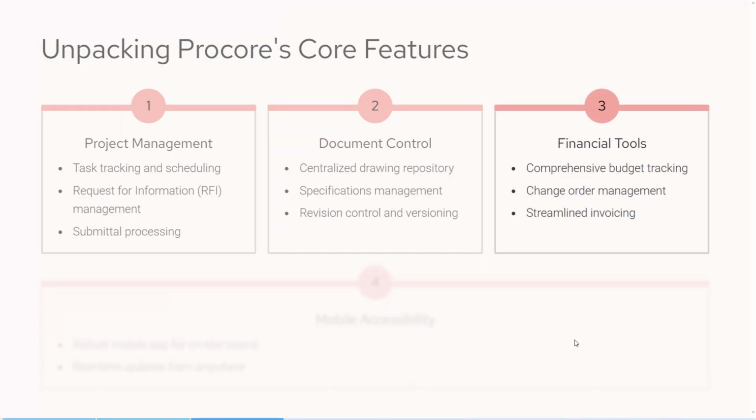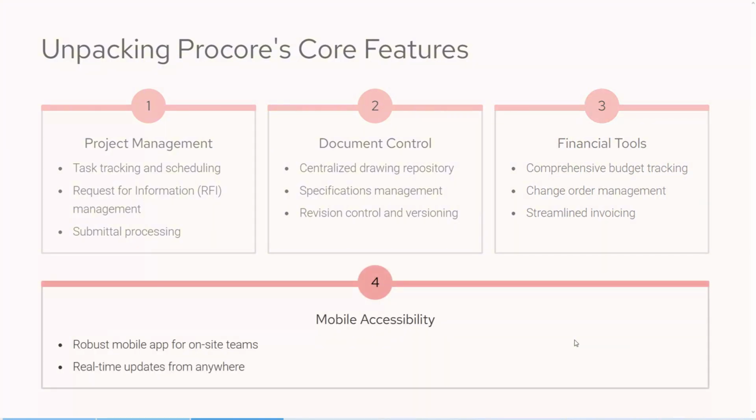For the financial tools, it has a comprehensive budget tracking, you can change the order management, and a streamlined invoicing. Now finally, for the mobile accessibility, it is a robust mobile app for on-site teams and it adds real-time updates from anywhere, which is really helpful when working on a job site.